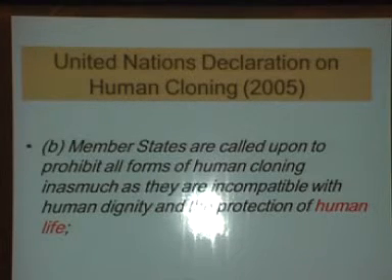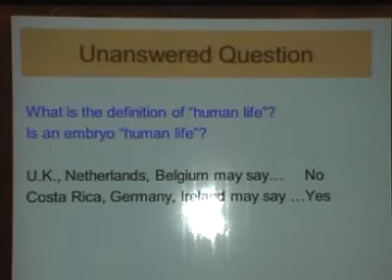But in this declaration, there is no definition of human life. What is human life? It doesn't say whether the human embryo is human life or not. It just states that human cloning, which violates human life, should be prohibited.